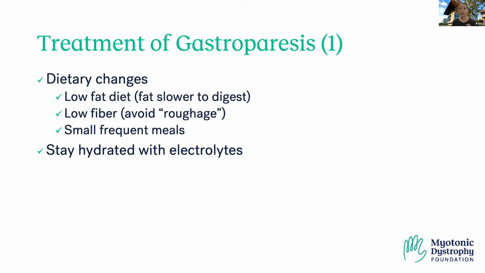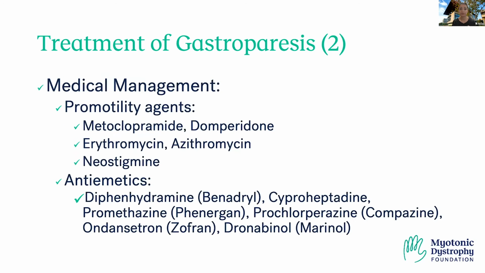So the general dietary recommendation that we also provide as a general rule, we want you to be on basically a low fat, low fiber diet, have smaller meals but more frequent, so that we ensure you're having enough nutrition through the smaller meals more frequently.